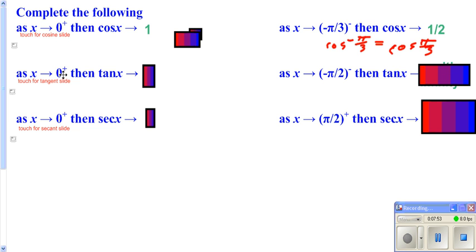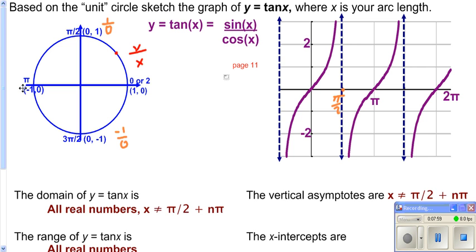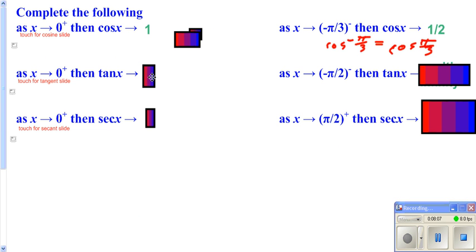We're now going to look at tangent. What happens as we approach tangent from the right-hand side of 0? Here's your x being 0. You come from the right-hand side. Your tangent approaches a height of 0. Here we're approaching negative pi over 2, but from the left-hand side.